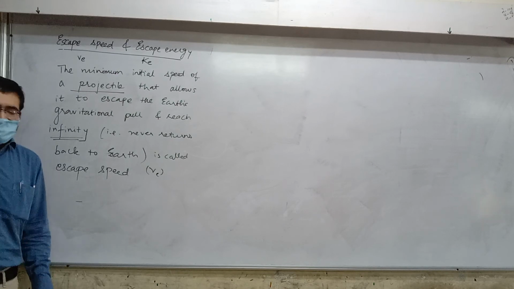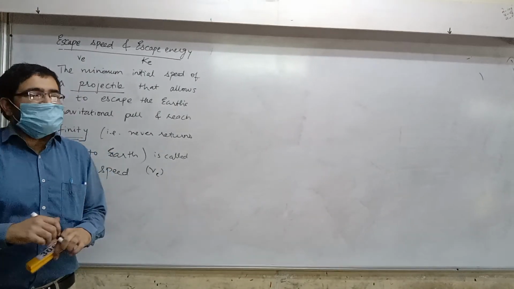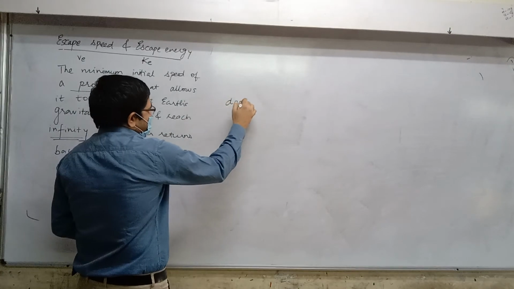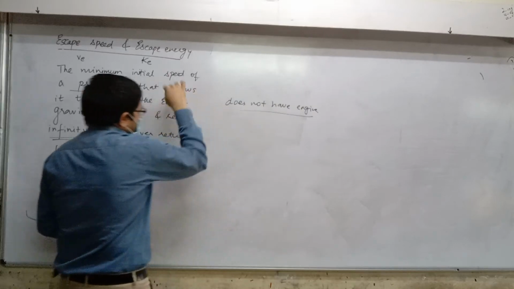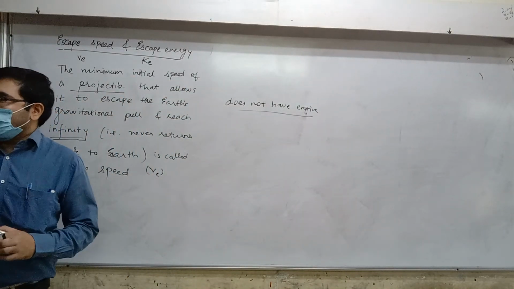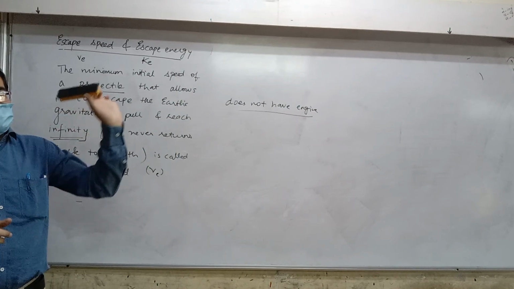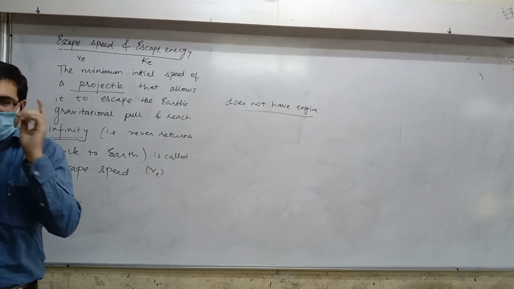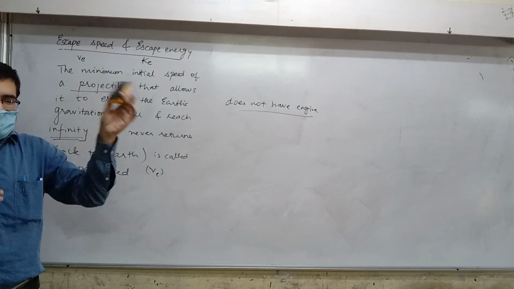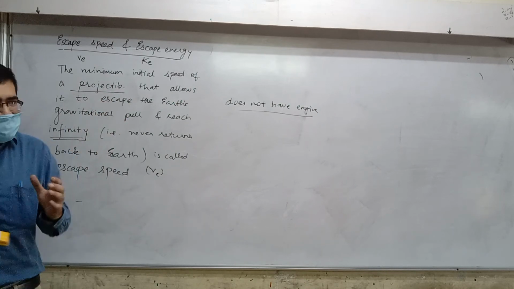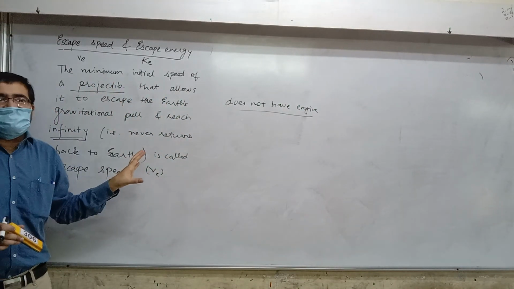Modern day rockets are not projectiles, because a projectile is something that does not have an engine. What you can simply throw, by any means, not just by hand but by a machine also, but whatever you are throwing should not have an engine. Then only this whole idea is valid.